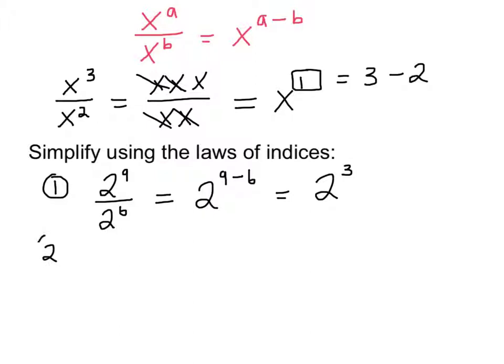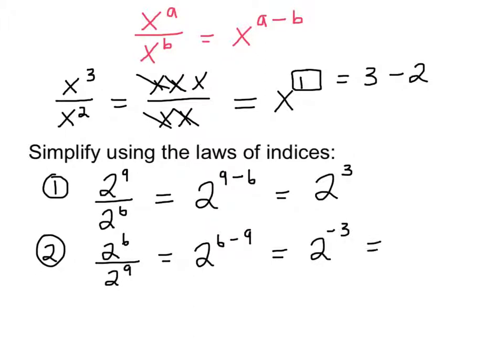The value can be positive or negative. You can have 2 to the power of 6 divided by 2 to the power of 9, and that would turn out to be 2 to the power of 6 minus 9, so it would equal 2 to the power of minus 3, or if you wanted to write it as 1 over 2 to the power of 3, they're the same thing.